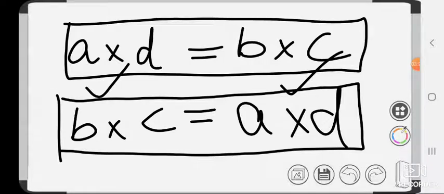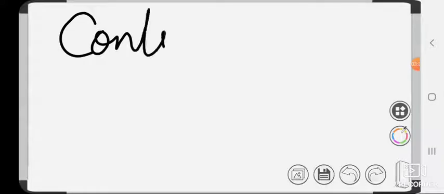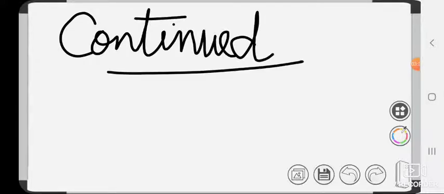Okay, so this is the concept regarding proportion. Now next is continued proportion. I am writing the short form.